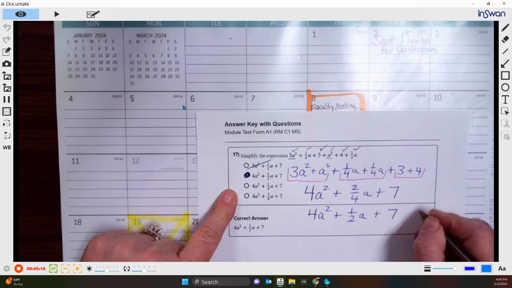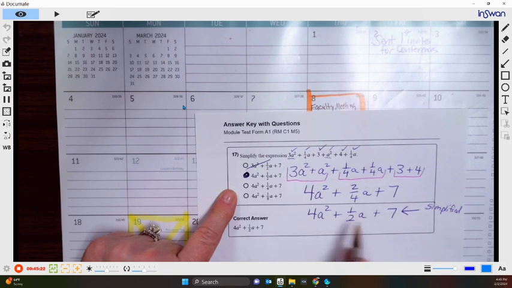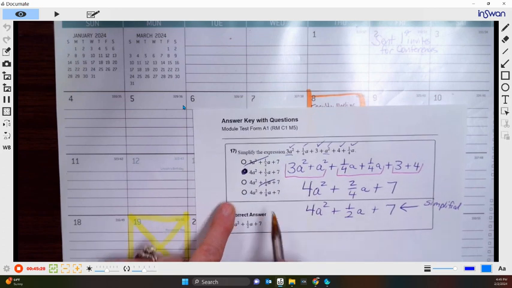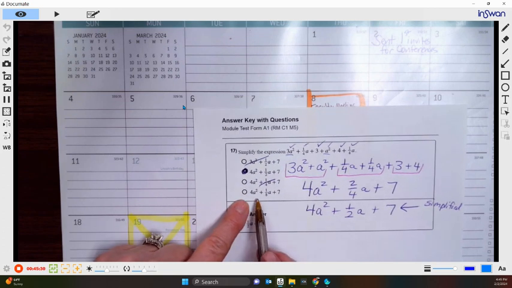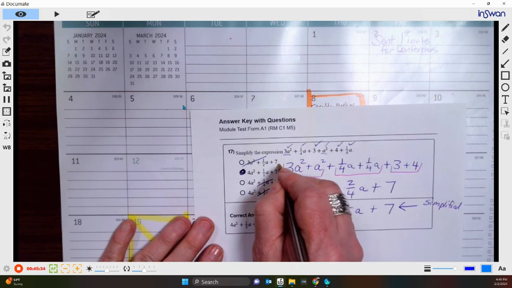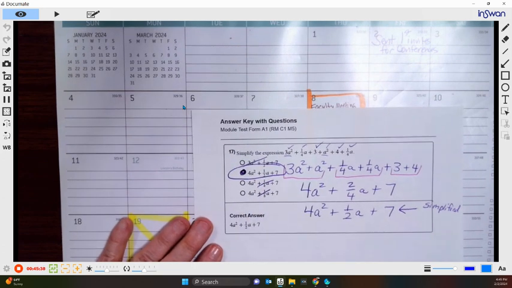This is actually the simplified version. And when we look at this, I have a 4a squared, yes. 1/4 a, no. So it can't be that one because that doesn't match. Here I have a 4a squared plus 1/8 a, and that doesn't match. So it has to be 4a squared plus 1 half a plus 7.